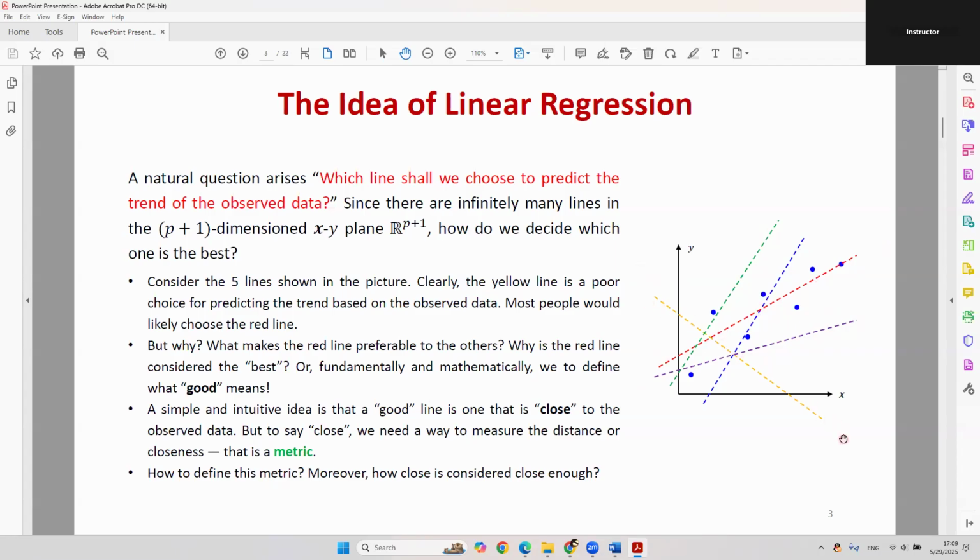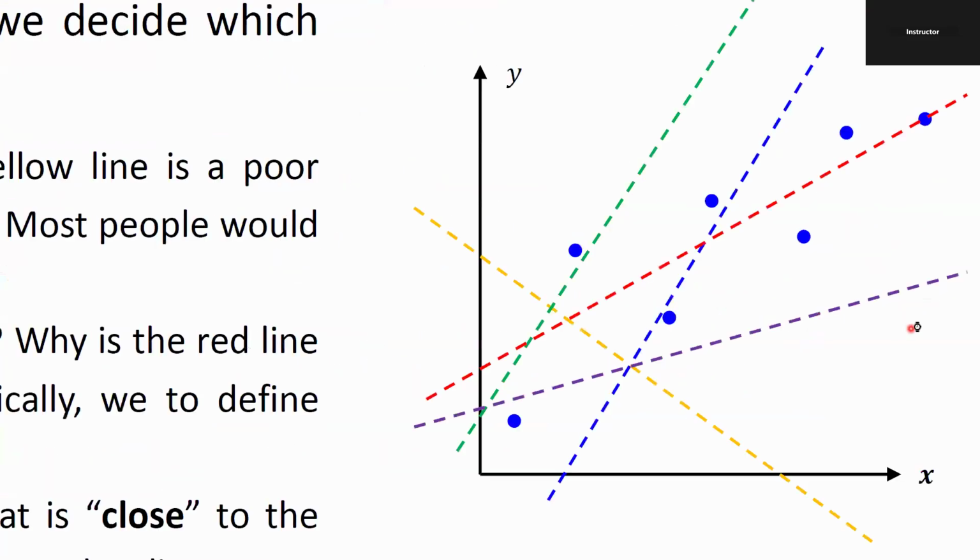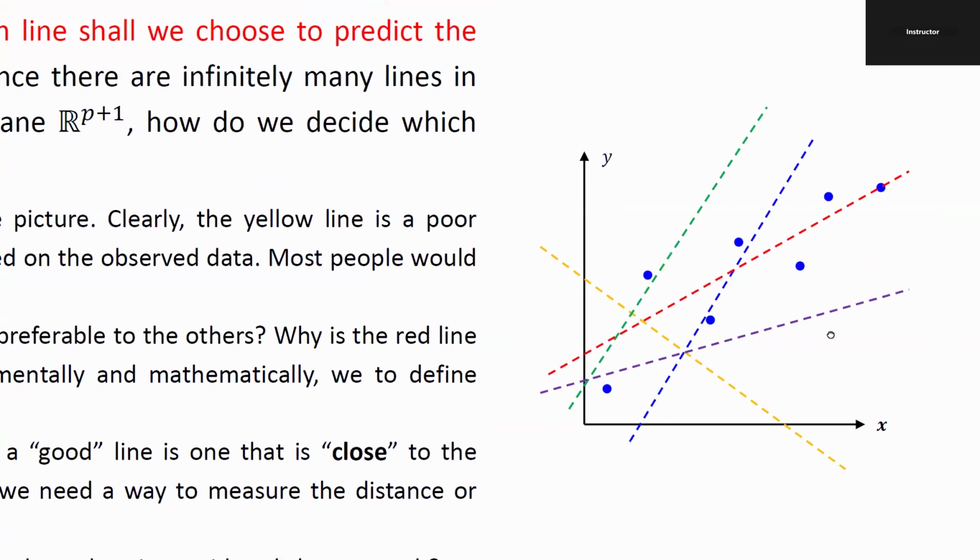But why do you think this red line is the best line? Intuitively, by our eyes, we can just say, hey, it's so simple. Of course, because this red line fits these seven blue points the best, right?